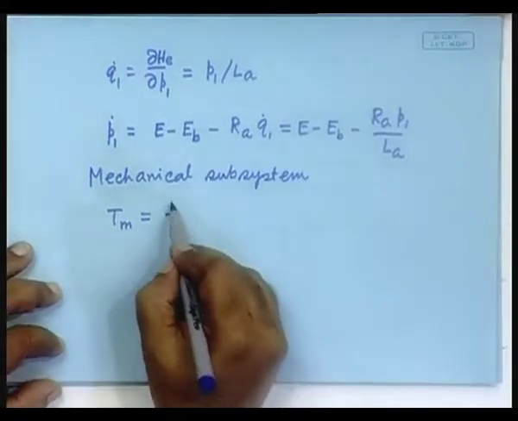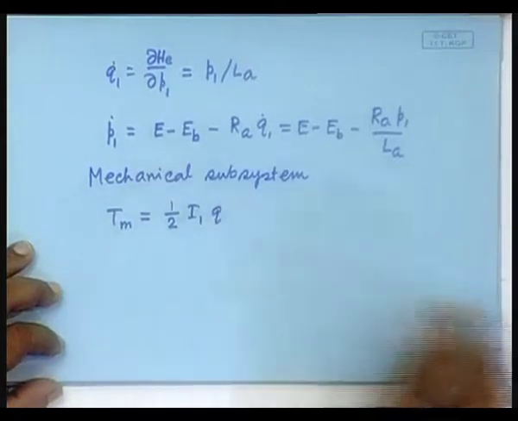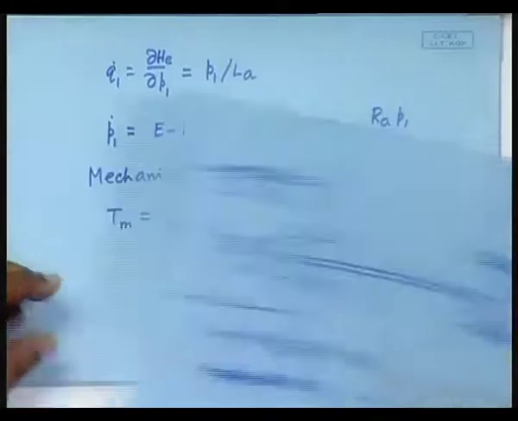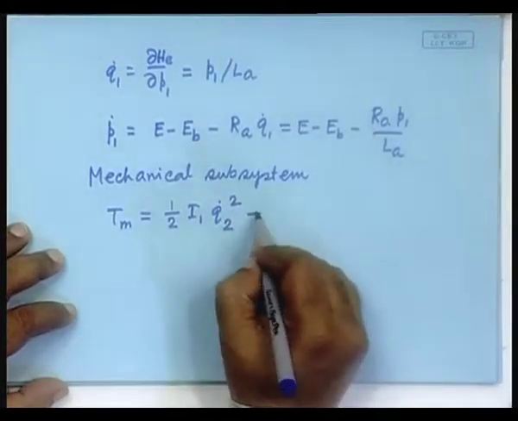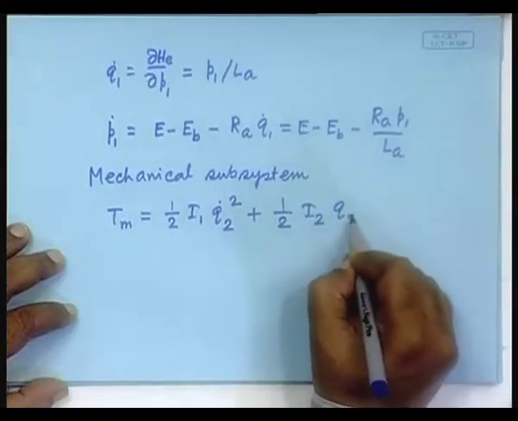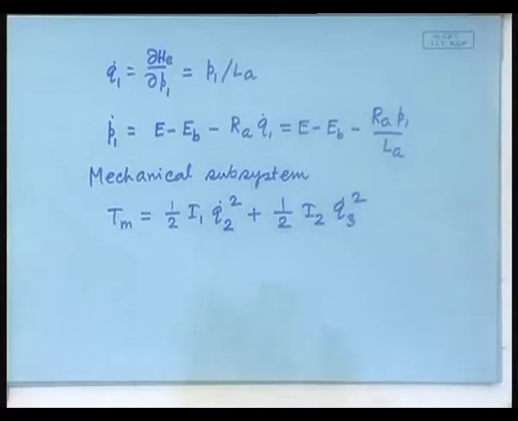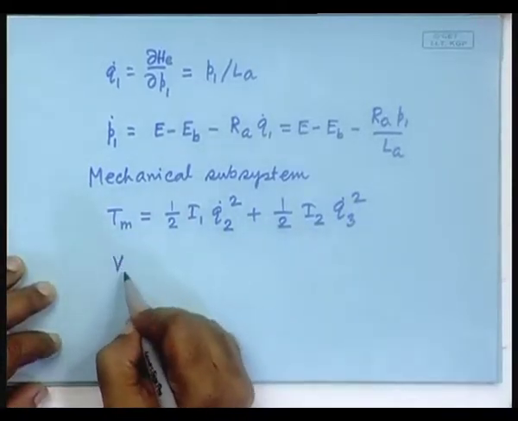So, it is half I1 q2 dot squared plus half I2 q3 dot squared, fine.